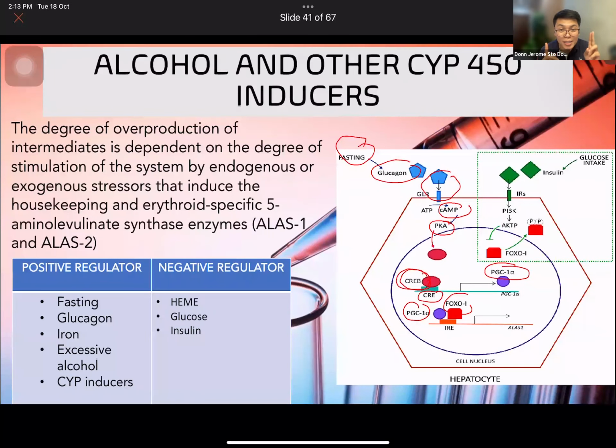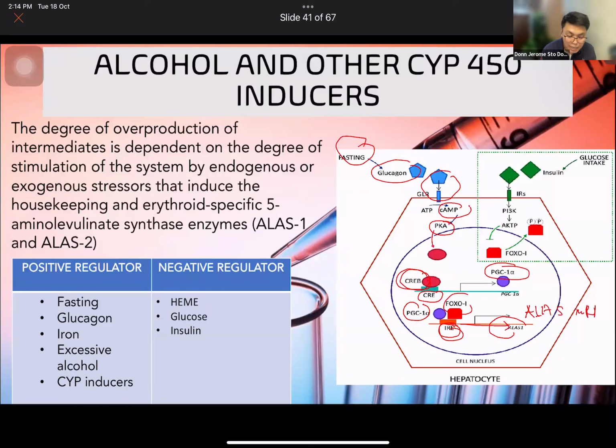Together with iron, they will bind to the iron response element seen in your ALAS gene. So when those three bind, PGC1 alpha, FOXO1, and iron, when they bind to the iron response element, will they lead to the transcription of the ALAS mRNA?